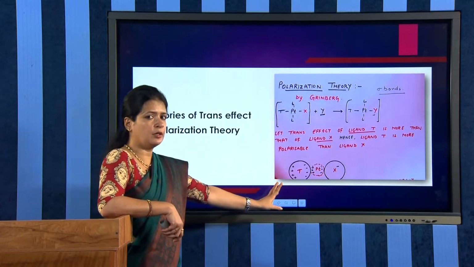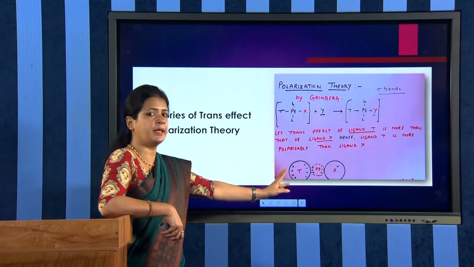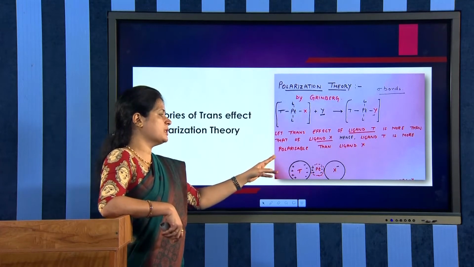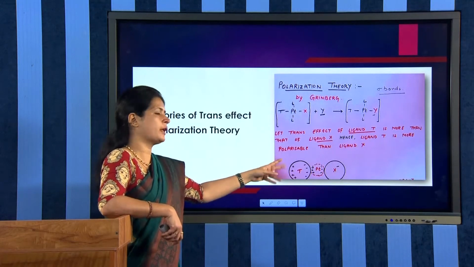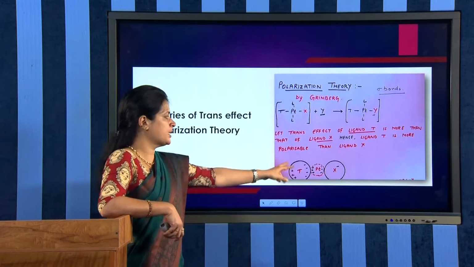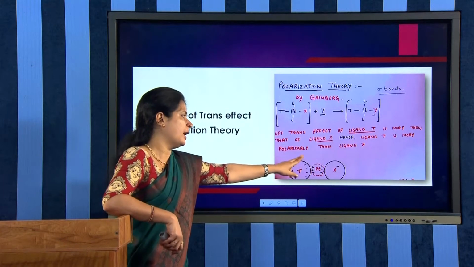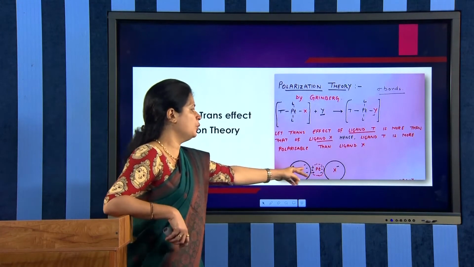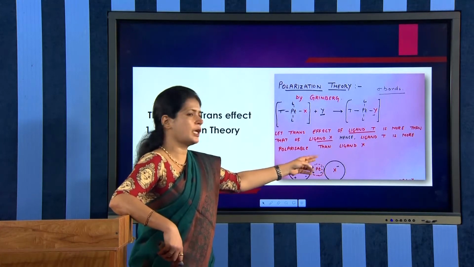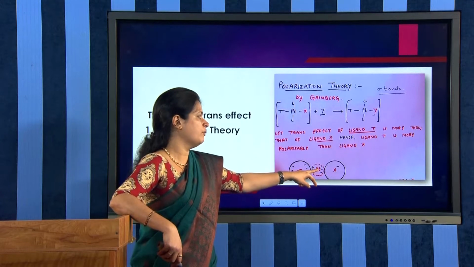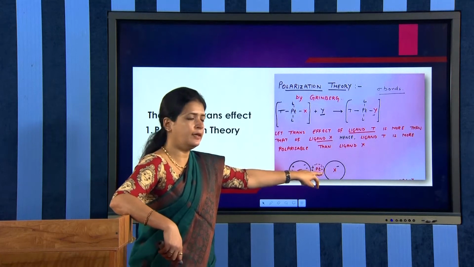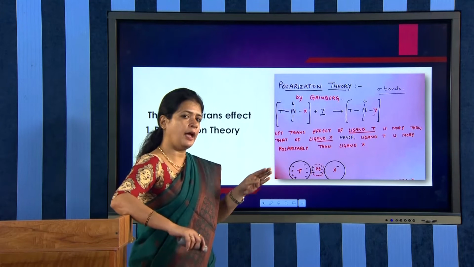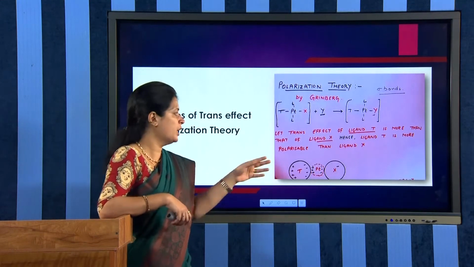We have the trans directing ligand there, named T, and we have the leaving group, named X. This platinum is able to polarize the easily polarizable trans directing ligand T. As a result, negative charges accumulate here and positive charges accumulate near this side of platinum, and finally the negative charge accumulated on this side of platinum will be repelled by the excess electrons present in the leaving group, thereby increasing the Pt-X bond length, which results in the easy removal of the X minus ligand.